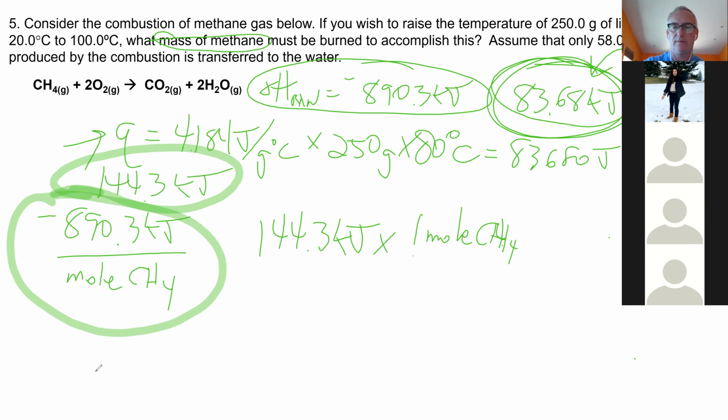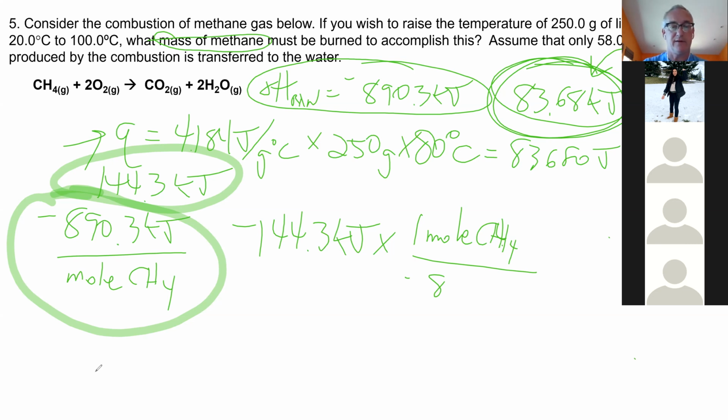Yeah. So 1 mole CH4 over negative 890.3 kilojoules, and this is also negative, by the way, because it's heat leaving the reaction and going into the water, heat that's being generated by the reaction.